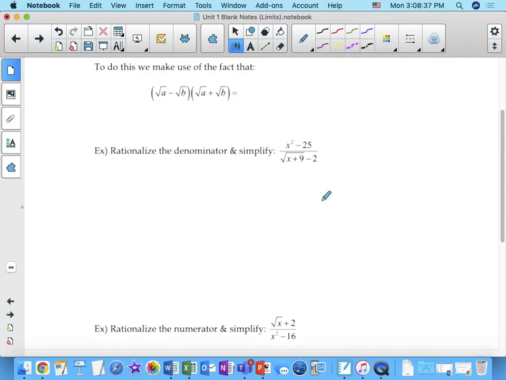Basically, we're taking an a minus b, right? It's almost like doing a difference of squares with whole numbers. So the square root of a times the square root of a is a, right? And then this would be the square root of a times the square root of b. So if we were to expand this out, this would be plus the square root of ab, and then minus the same thing.